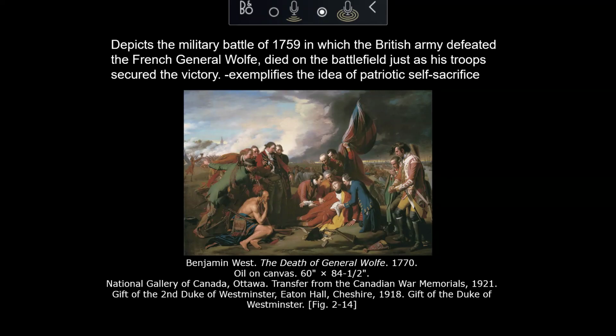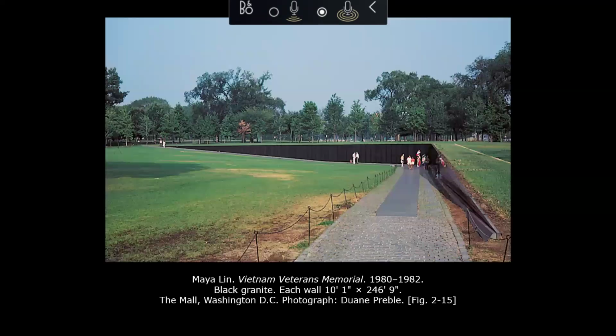Yes, this was the military battle of 1759 in which the British Army defeated the French, and General Wolfe, of course, died on the battlefield. Everything here points us towards this direction. Like I said, we'll get more into that in the semester, the way all of this works, the atmospheric perspective, the color choices that we see. So visual literacy terminology is coming, you guys, but again, this is just getting you understanding about commemorative works.